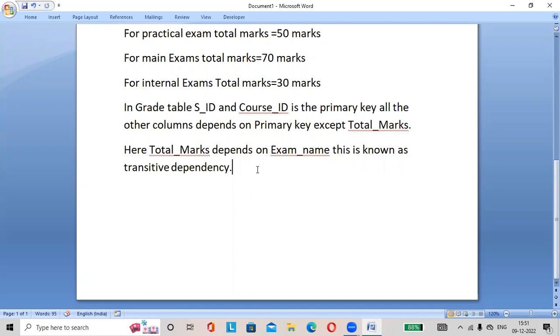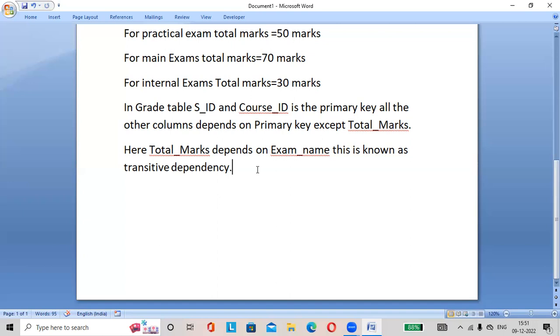What is the solution for this? Here the attribute total marks is dependent on the other attribute exam name, which is not a primary key. So this leads to transitive dependency. What is the solution?